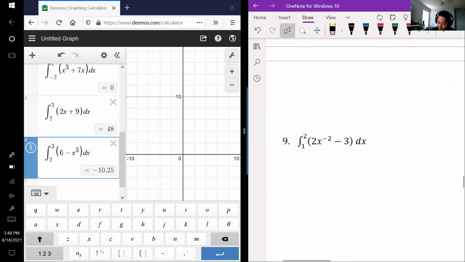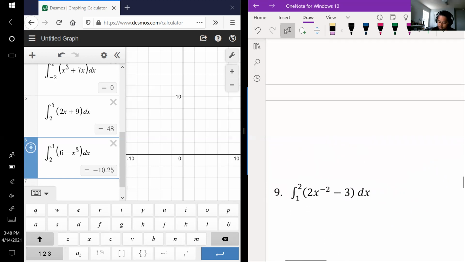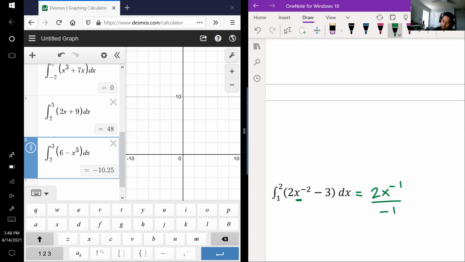9. The integral from 1 to 2 of 2x to the negative 2 minus 3. So x to the negative 2 gets power rule. So this will become 2x to the negative 1 over negative 1. 3 gets constant rule, so that'll be minus 3x.